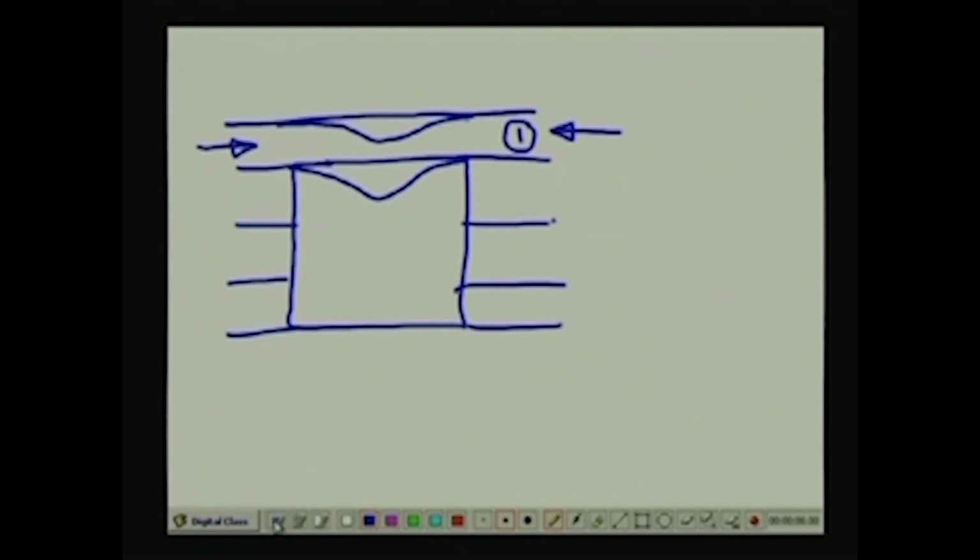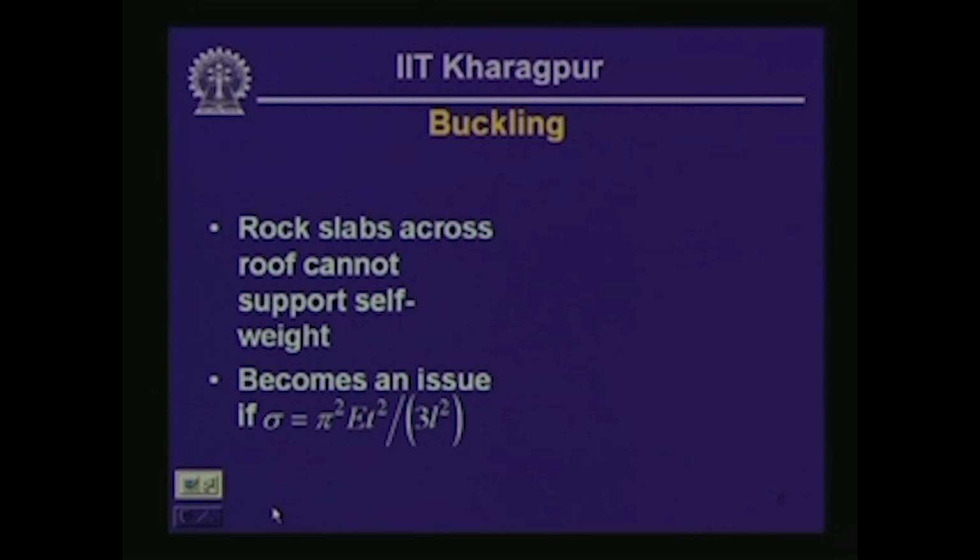Now, we are going to illustrate this problem with another animation, and this is the same tunnel that we looked at when we were talking about squeezing because of large in plane compressive stress in the previous slide.